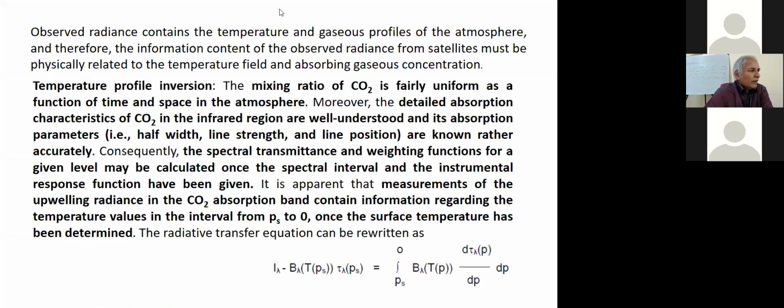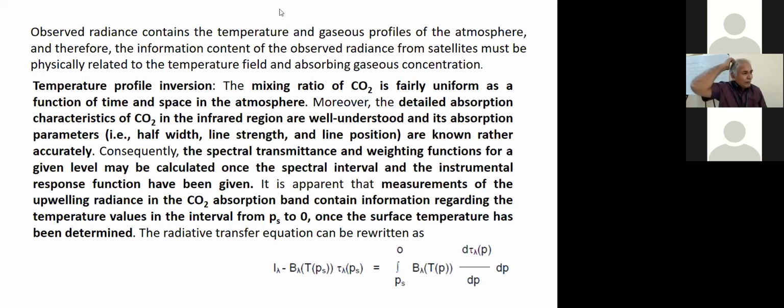So the observed radiance contains information about the temperature of the atmosphere. It also has information about the gaseous profiles of the atmosphere. What is the mixing ratio of, let's say, CO2, and hence this will have the signature in the information content of the observed radiance, which is measured by the radiometer in the satellite.